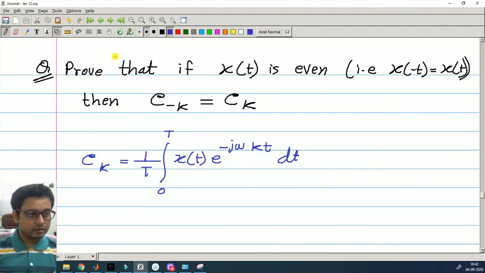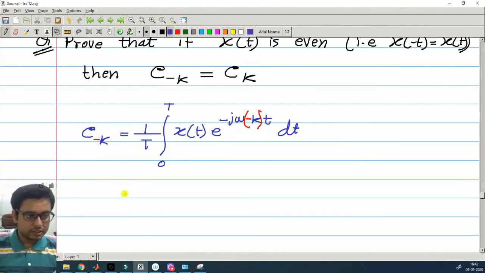Now C minus k will be the same thing with minus here. Now we will put t equal to minus tau, or tau equal to minus t.